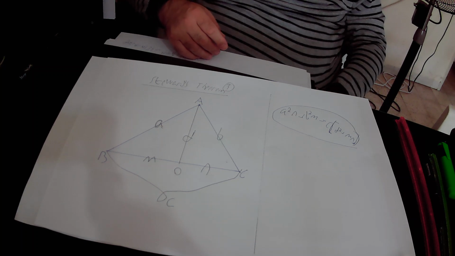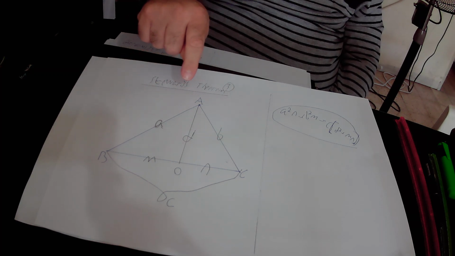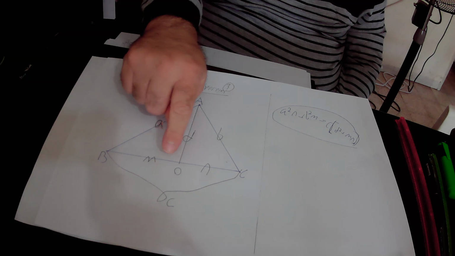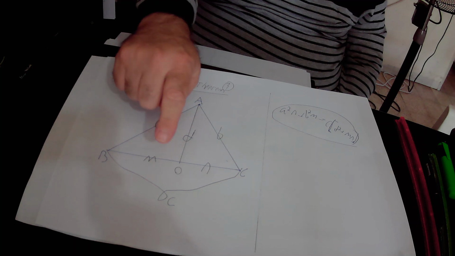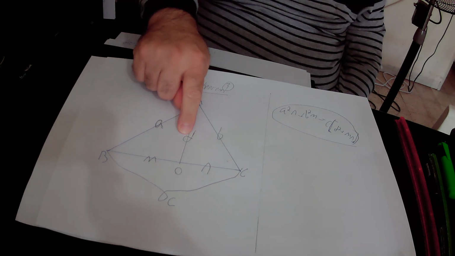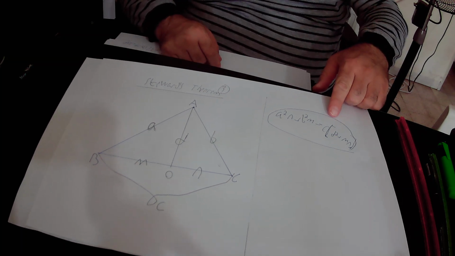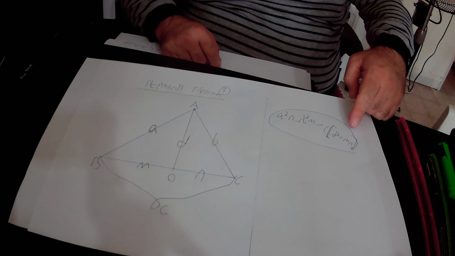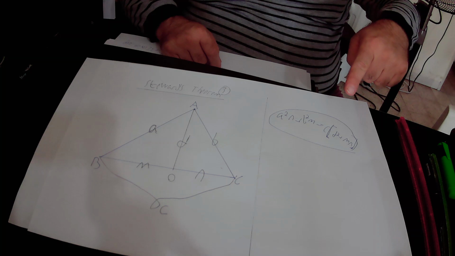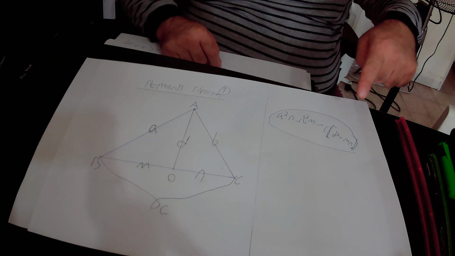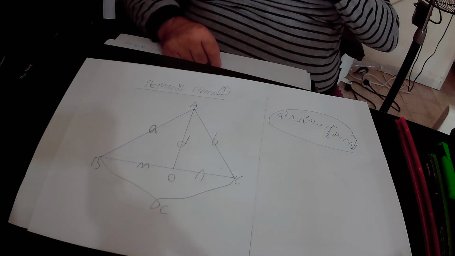Then according to Stewart's theorem, A squared times N plus B squared times M equals BC, which is C, times the brackets, and inside the brackets we have D squared plus M times N. So A squared times N plus B squared times M equals C times D squared plus M times N. This equation is true in any triangle, right?